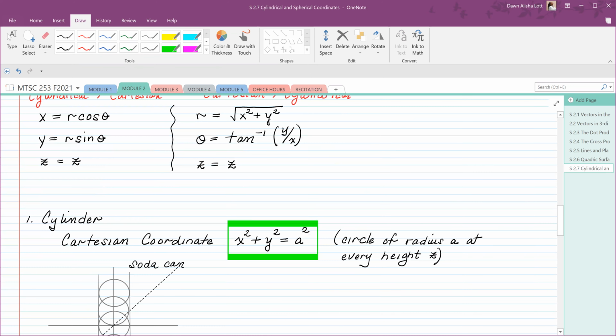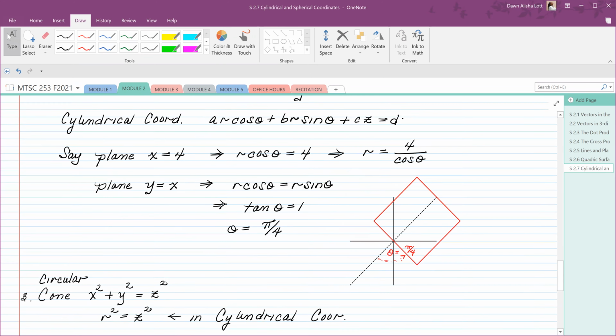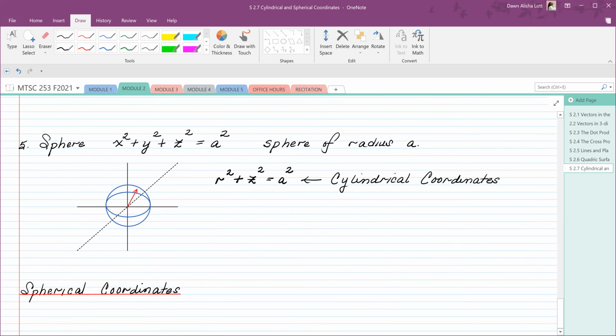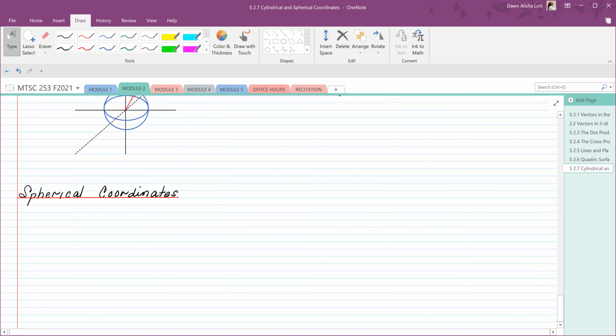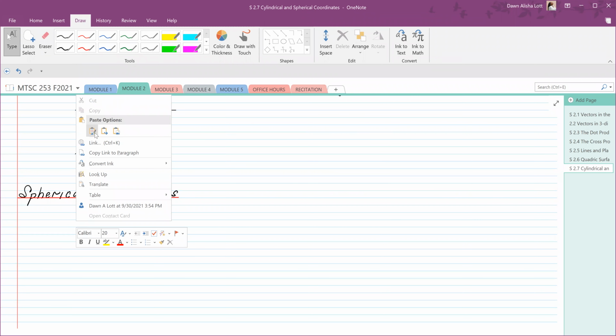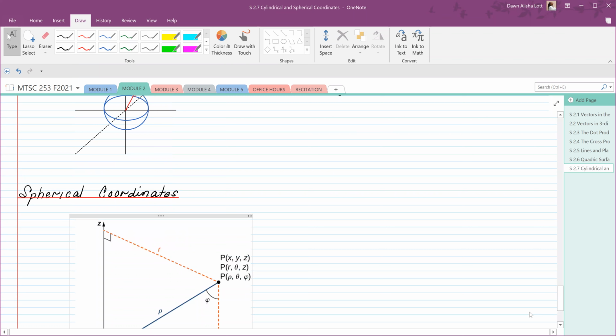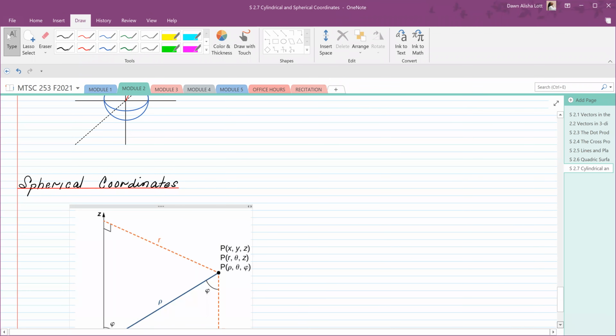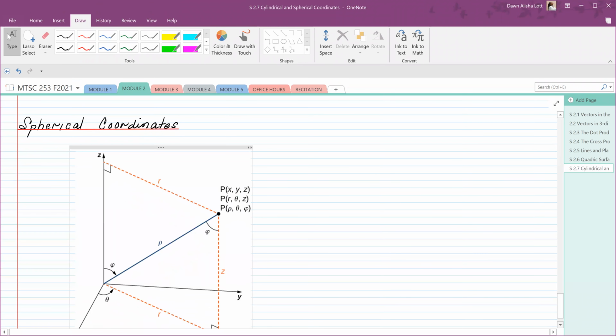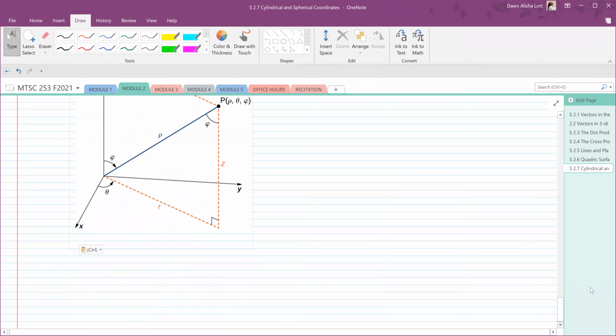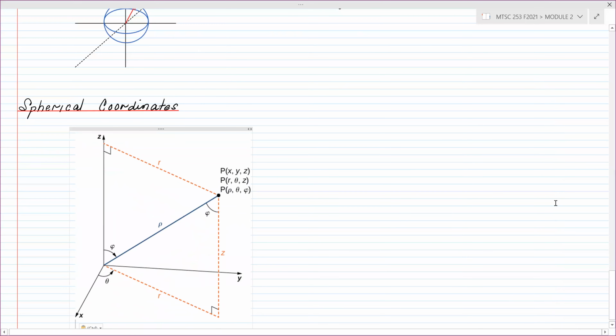Spherical coordinates is more in the sense that the points we're looking at are inside of a sphere. So I'm gonna borrow this picture because this picture works for me. Okay, so here we are. This is the world of spherical coordinates.